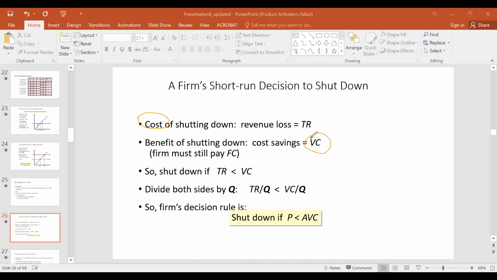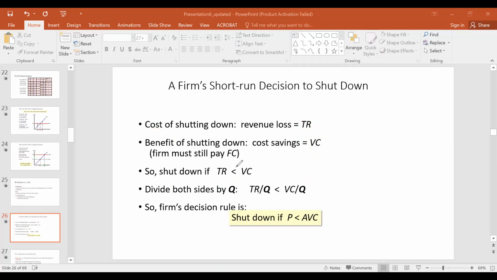Let me shut down and wait. So it's a benefit. The cost is that you are losing out on revenue. Let's compare them and make a decision. You will shut down if the cost is less than the benefit. At this point, if you are confused, play the video back and hear what I mean by the cost and revenue. The firm shuts down if the cost is less than the benefit.